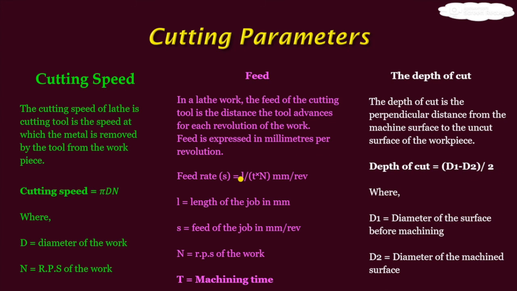That's why we have to find an optimum value of all these parameters, speed, feed and depth of cut, so that there is no damage of the cutting tool. At the same time, the machining time is also satisfactory. So this is all about these cutting parameters for turning operation.